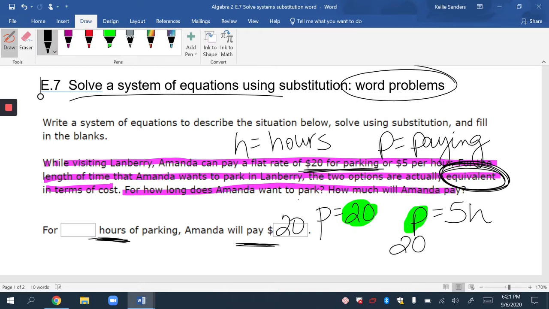So if we're paying $20, how many hours could she park if she was paying hourly? So you would divide by 5, and what's 20 divided by 5? 4. So if she parked for 4 hours and she paid hourly, she would pay $20. Or if she paid the flat rate, she would pay $20. That's what it's looking for.